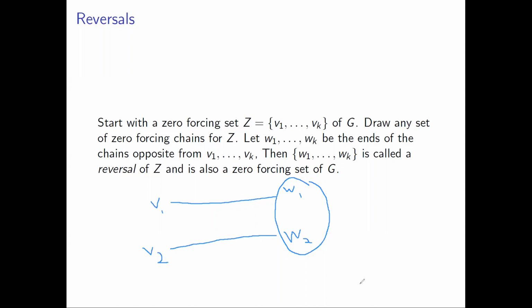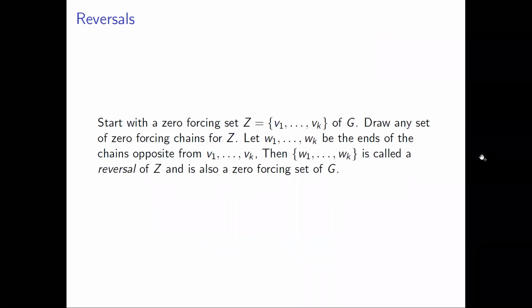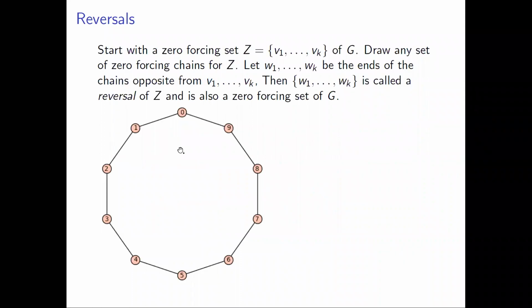Now, I just want to emphasize, for the reversal, we have to take the opposite ends of all the chains. We can't just take opposite ends of some of the chains. So for example, we can consider a cycle. With a cycle, we start with a zero forcing set.